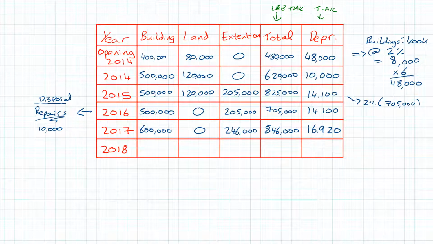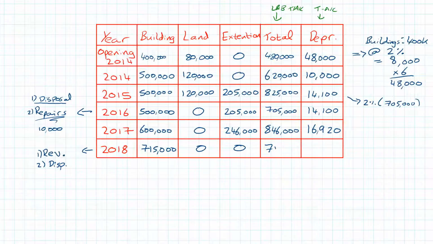So there's two things going on. We have a revaluation to 715,000. So I'll make another note. We have a revaluation. The second thing is we have a disposal. Okay.